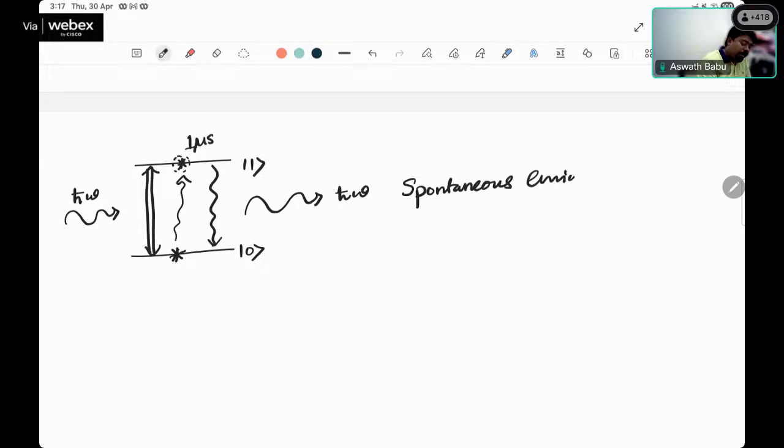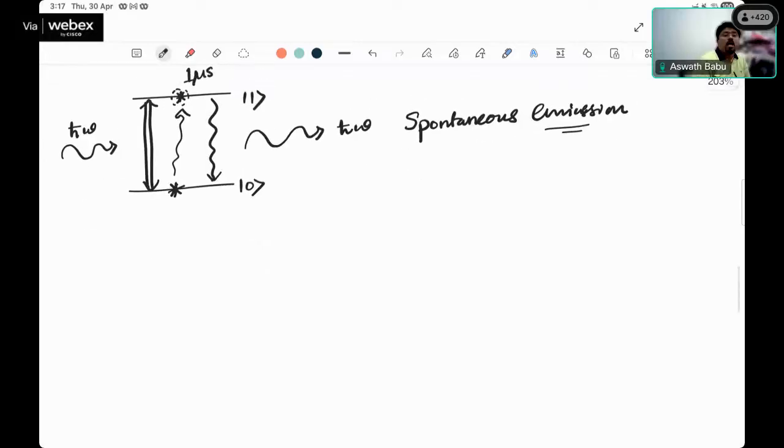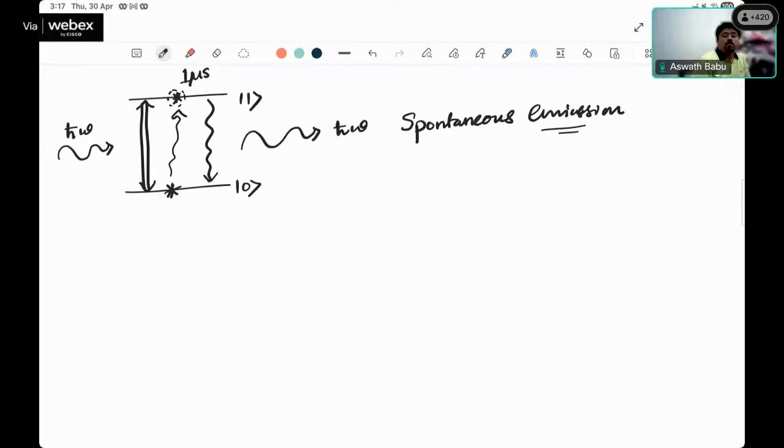That means I let the atomic system de-excite on its own. Now let's say I can force it before 1 microsecond. The electron is in the excited state, waiting for 1 microsecond to pass.